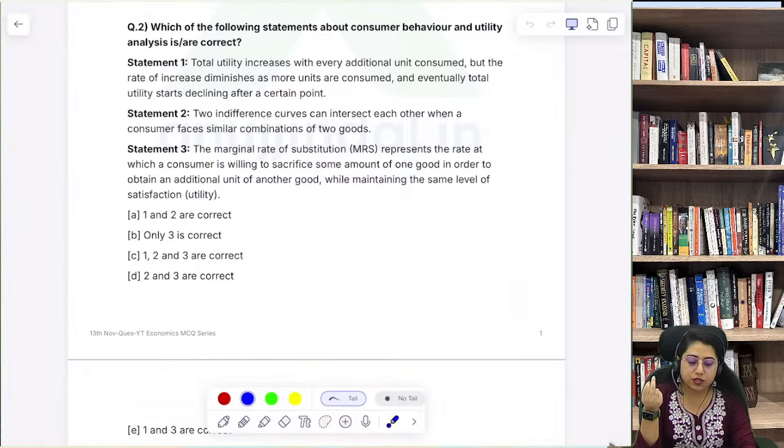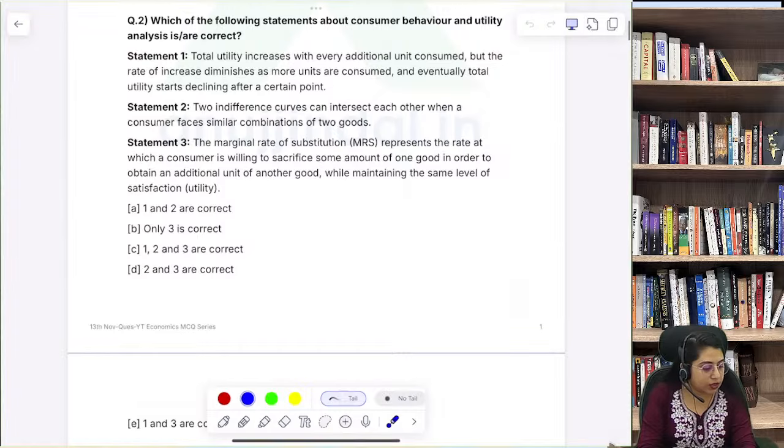Two indifference curves can intersect each other when a consumer faces similar combinations of two goods. The marginal rate of substitution represents the rate at which a consumer is willing to sacrifice some amount of a good in order to obtain an additional unit of another good while maintaining the same level of satisfaction. Okay, so what do you think is the correct answer over here? Anyone?